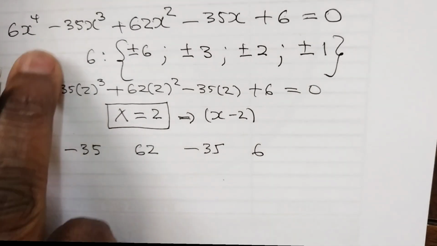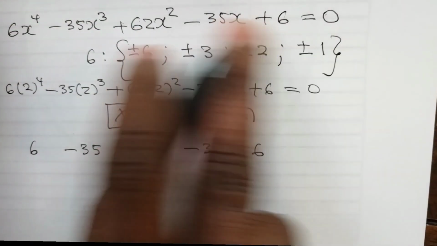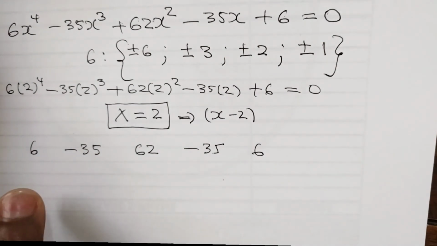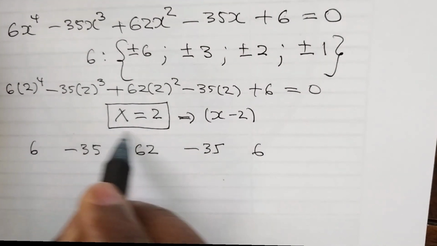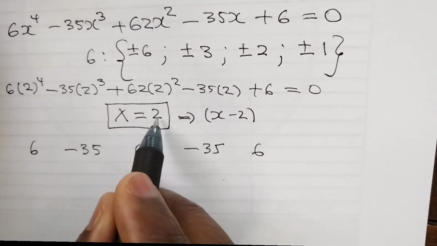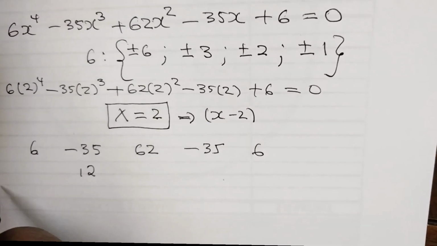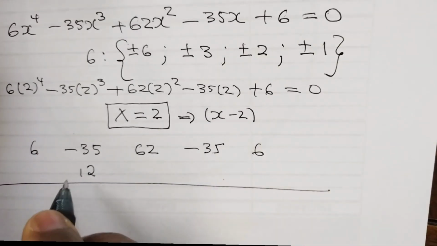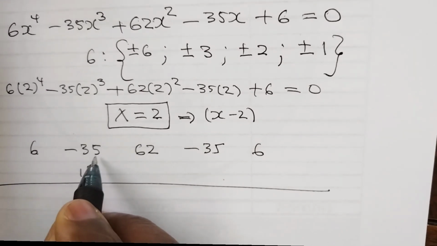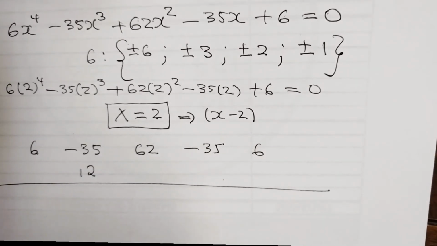Ladies and gentlemen, these are the coefficients of the equation. Now we are going to take our root, which is x equals 2, and we multiply by 6. 2 times 6 is 12. So I'm going to have minus 35 plus 12.